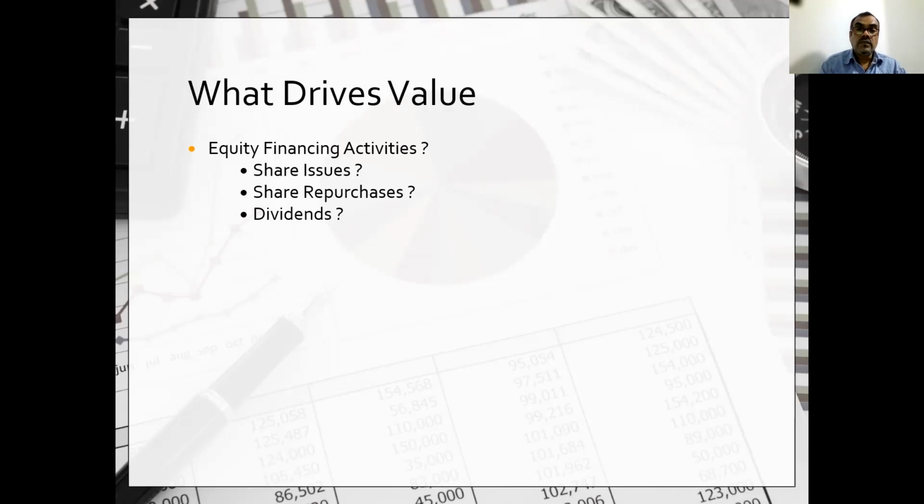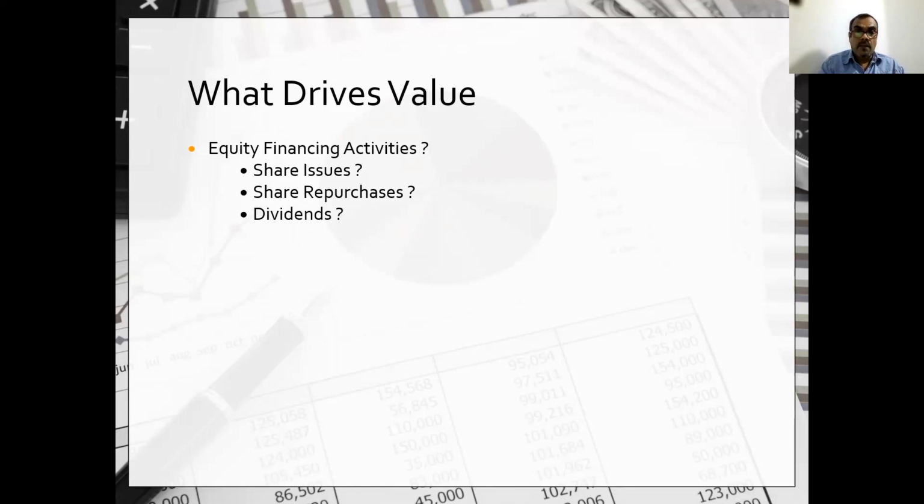Remember, if you have borrowed, you change the composition of the capital structure, equity and debt. Return on equity can be influenced depending on the cost of equity.